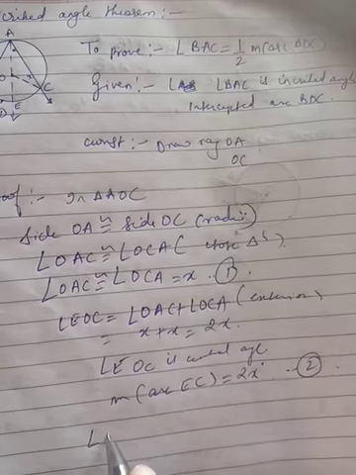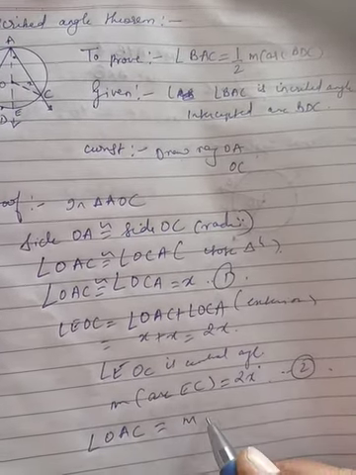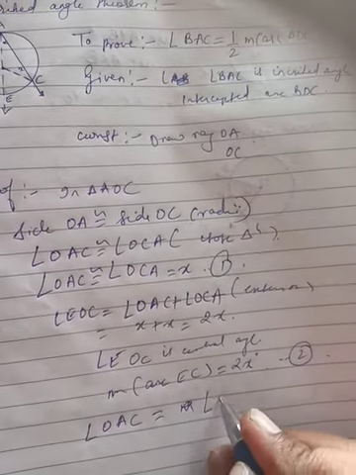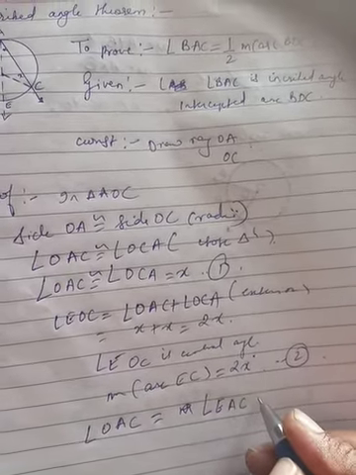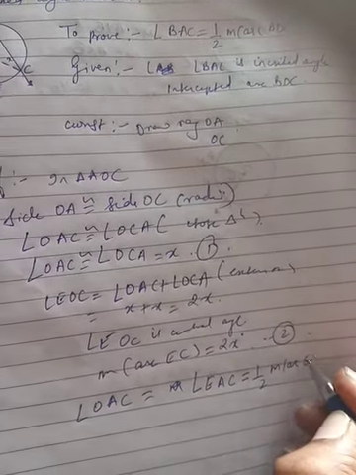We get angle OAC, which is equal to angle EAC, is equal to half of the measure of arc EC.